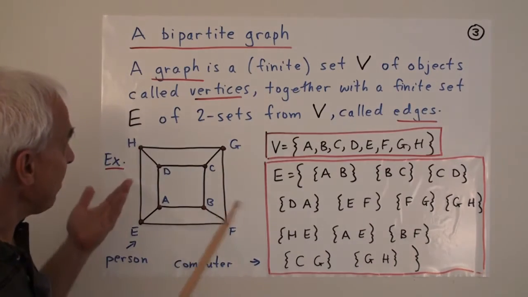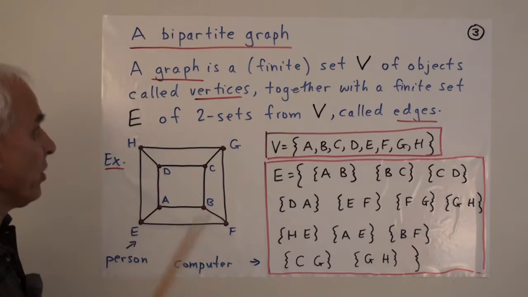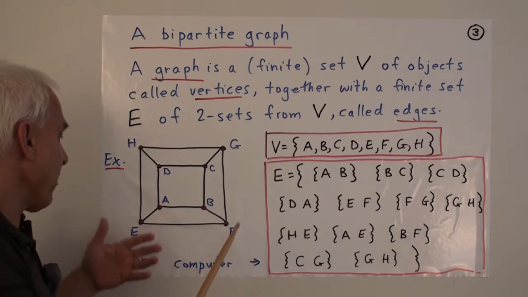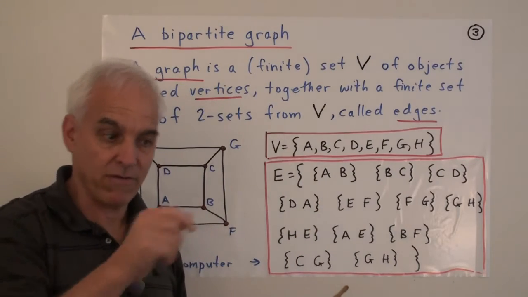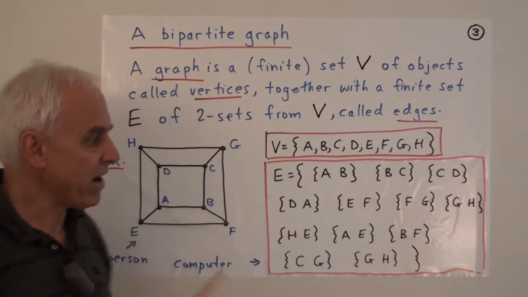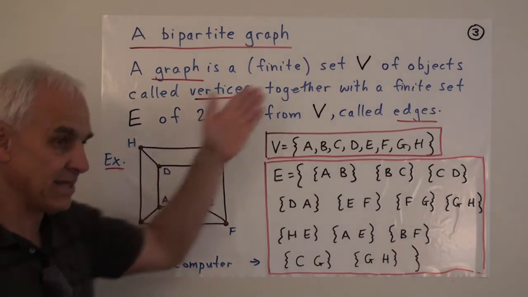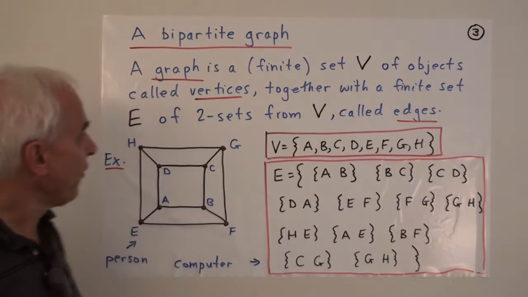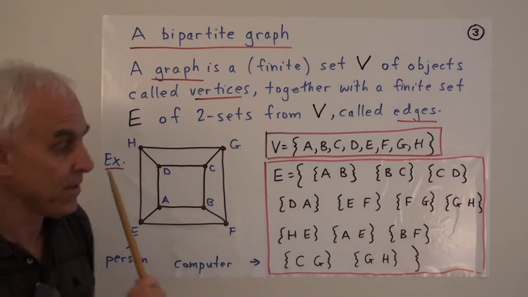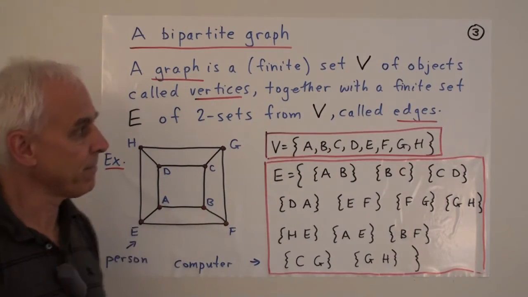Okay, so let me review what is a graph from a combinatorial point of view. Usually we think of a graph as something that we write down on a piece of paper. It's a picture involving vertices and edges. But mathematically or conceptually, it's probably better to think in terms of a set theoretic framework. So a graph officially is a finite set V of objects.